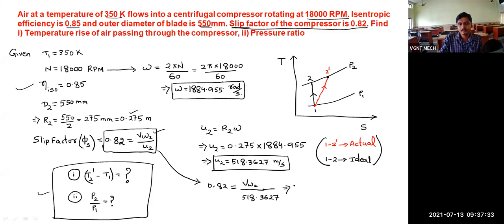That implies VW2 from this formula, you tell me how much we are getting. VW2 is 425.057 meter per second.